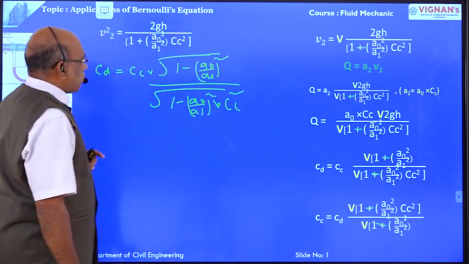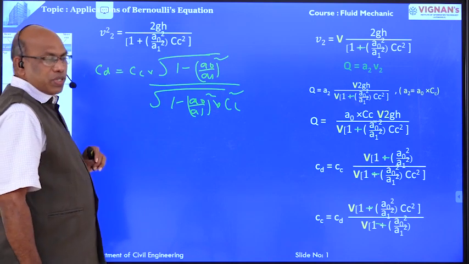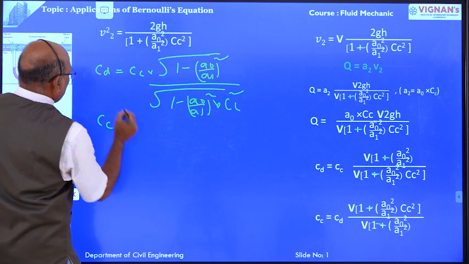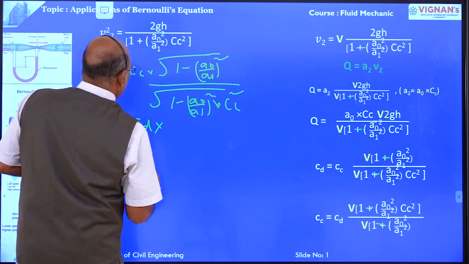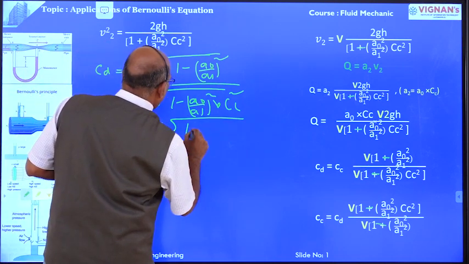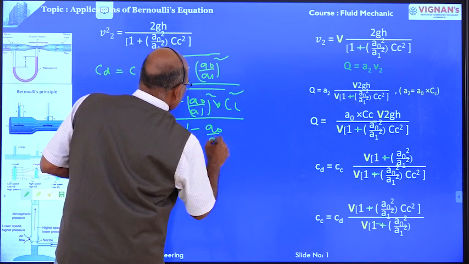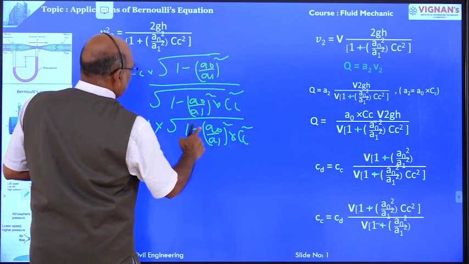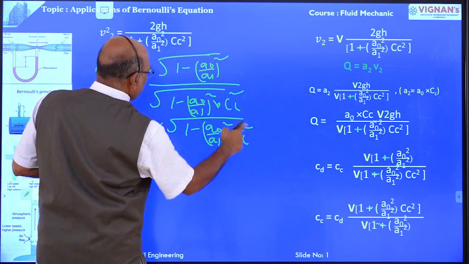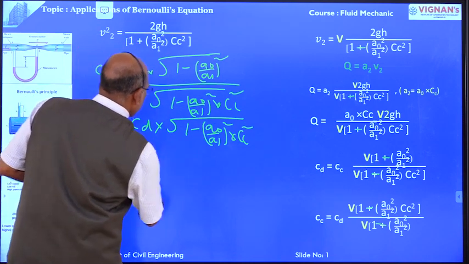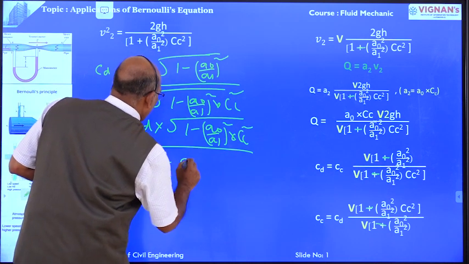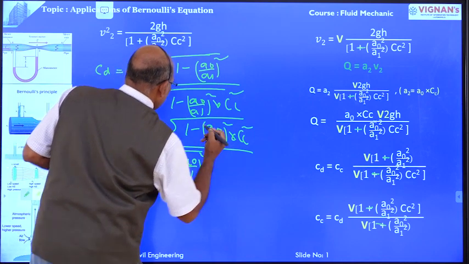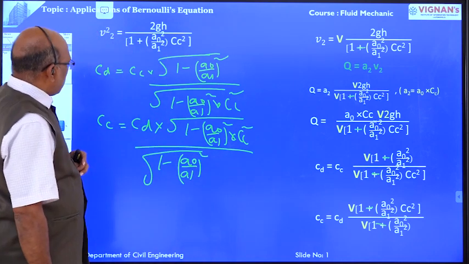From this equation, CC is equal to CD into square root of 1 minus (A0 by A1) square into CC square, divided by square root of 1 minus (A0 by A1) square.